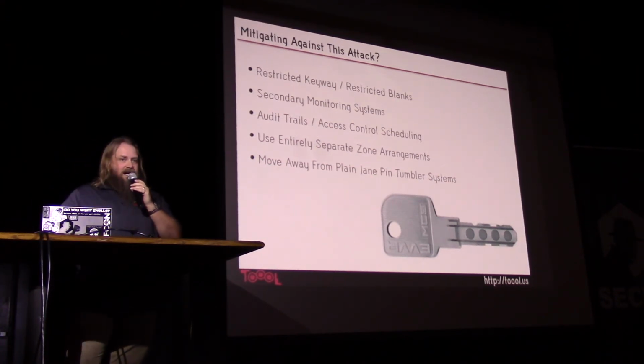Dimple locks are a lot harder than using a file, trying to drill the perfect depth. Or restricted keyways where you just can't get blanks. If your doors happen to be ASA, they've copyrighted that. You cannot get the blanks for that. So those are some of the solutions. Again, if it's not a digital system with auditing, it doesn't prevent this from working. It just makes it significantly more difficult.